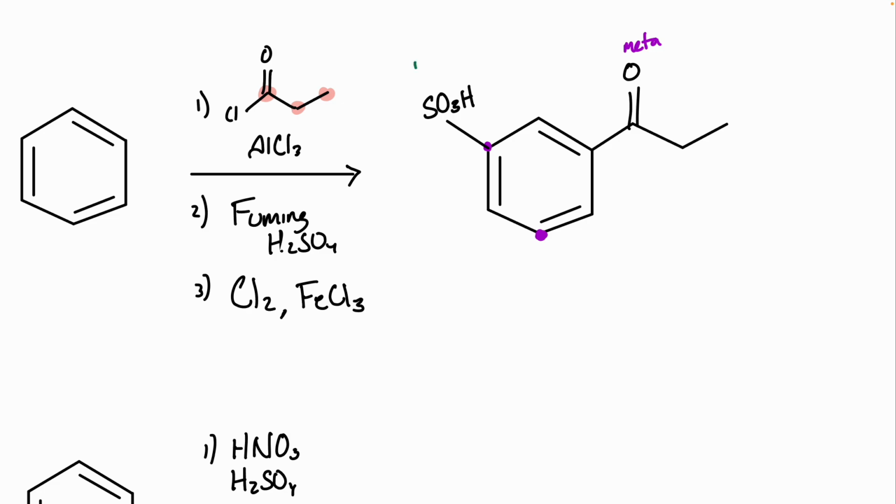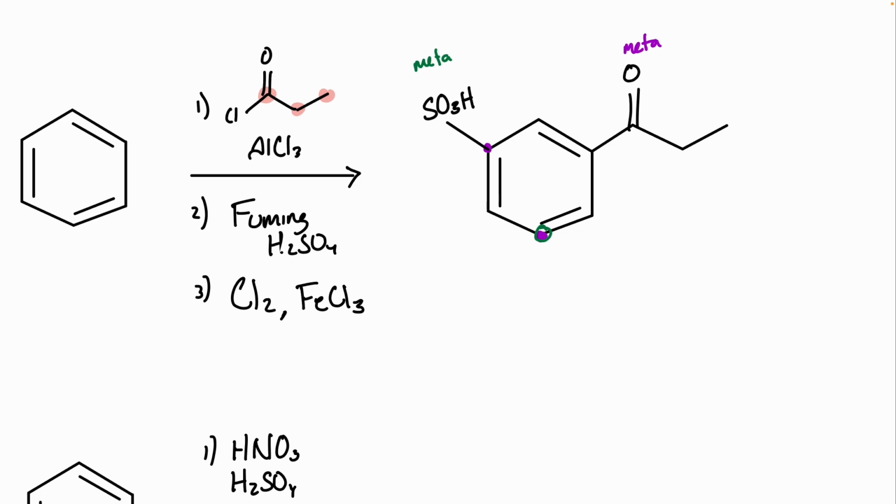That is also meta-directing. So it wants to direct the substituent to the position that is meta to it, which would be here, which is occupied, so that can't happen, or here. So in this case, both of these are in agreement, so they're both going to direct that incoming chloro group to that bottom carbon. We have no conflict here. They are both in agreement as to where that next substituent should go.